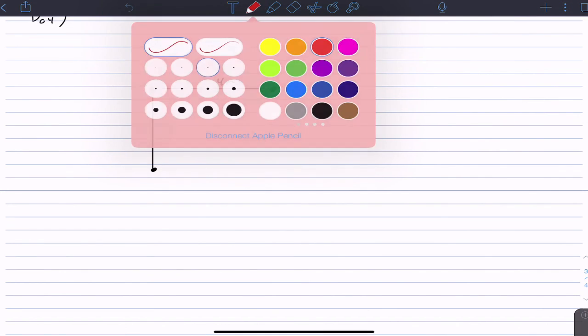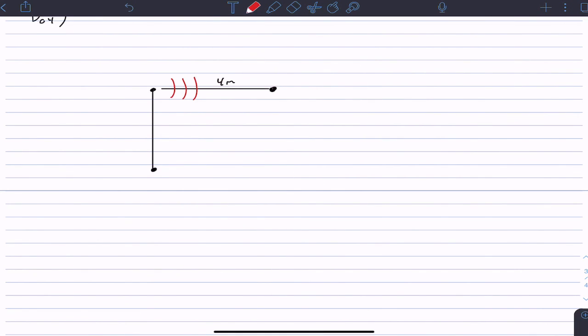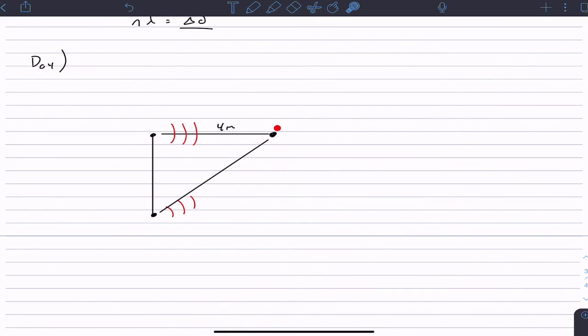Okay, so we have these signals going up this way. And then the person starts walking this way, where 4 is going to be the radius, and she walks on the arc of a circle, right? So then we just go over here. We'll just say this is also 4 meters. I don't know if it's exact, but it doesn't really matter.